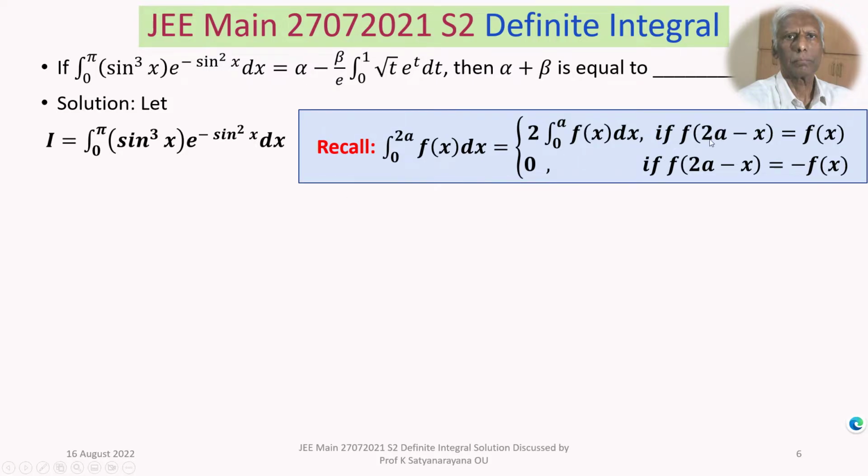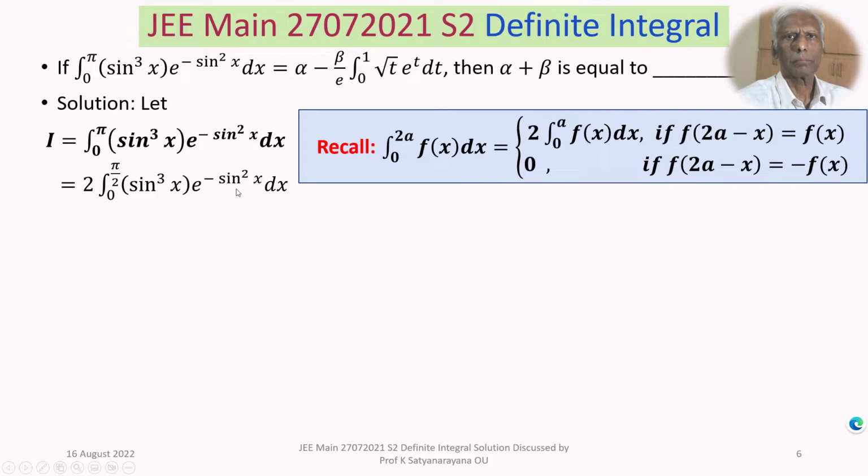So for 2a, here it is pi. If you substitute pi minus x for x, the integrand remains the same. Therefore, 2 times integral from half of the upper limit, that is 0 to pi by 2, sine cube x into e power minus sine square x dx.